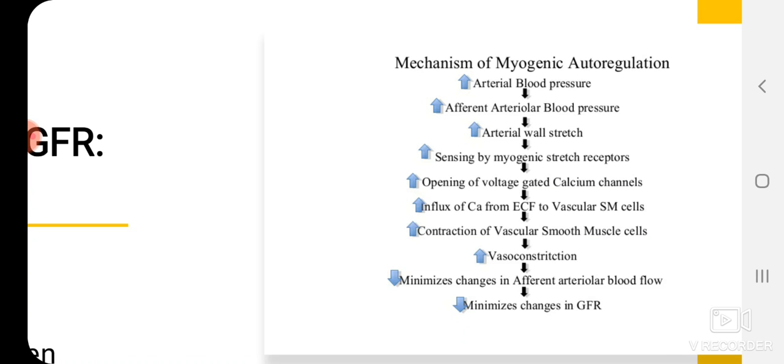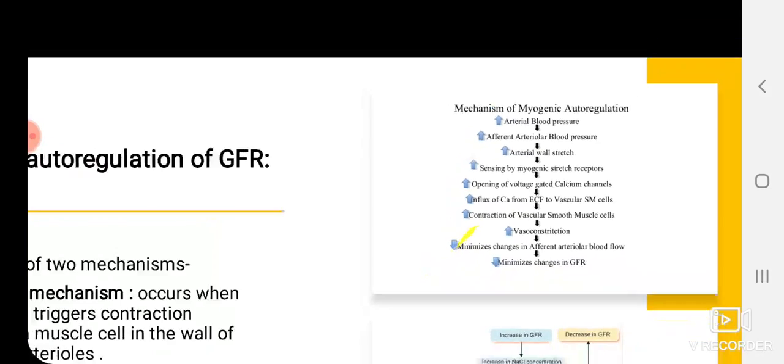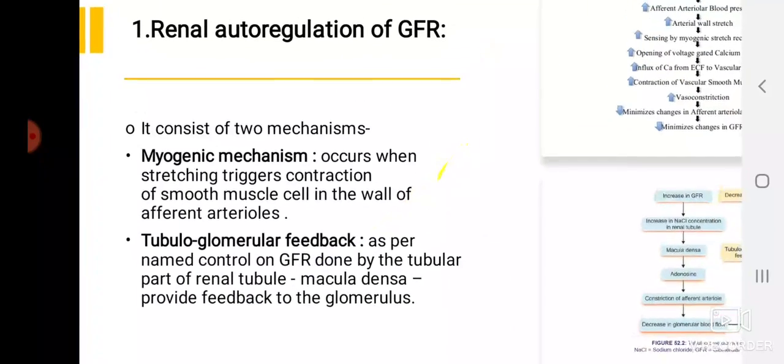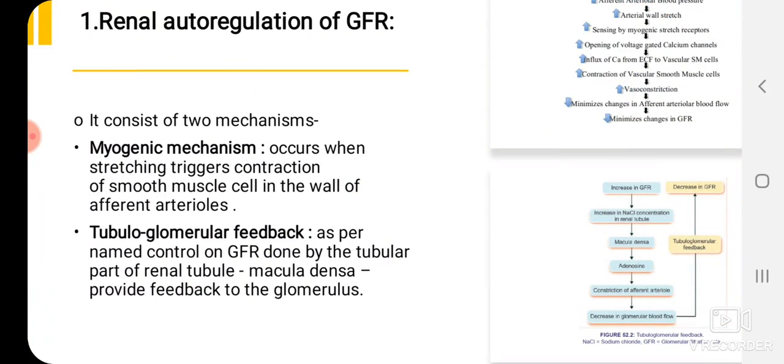This is the mechanism, that is myogenic autoregulation. By this the glomerular filtration is regulated. This is the autoregulation. Okay, and next for renal autoregulation is the second mechanism, tubuloglomerular feedback.